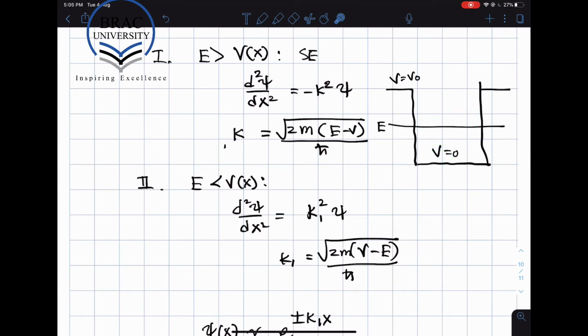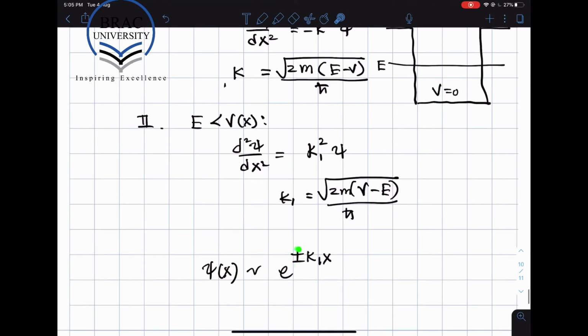That's because we're looking for solutions where the particle is constrained to be in this potential. If the wave function grew exponentially as we go away from the potential, we would be looking at an unphysical solution. So we have to choose the sign carefully to make sure that the wave function is exponentially decaying in region 2.